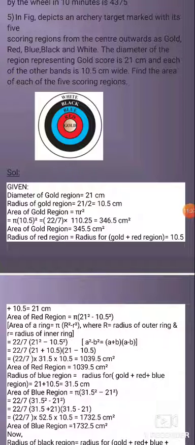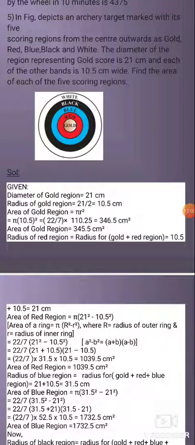That is 1039.5. Next one, the radius of the blue region. Blue region means gold plus red plus blue. The radius of that gold plus red plus blue region is 21 plus 10.5, which is equal to 31.5. Now the area of the blue region only we need to find out.